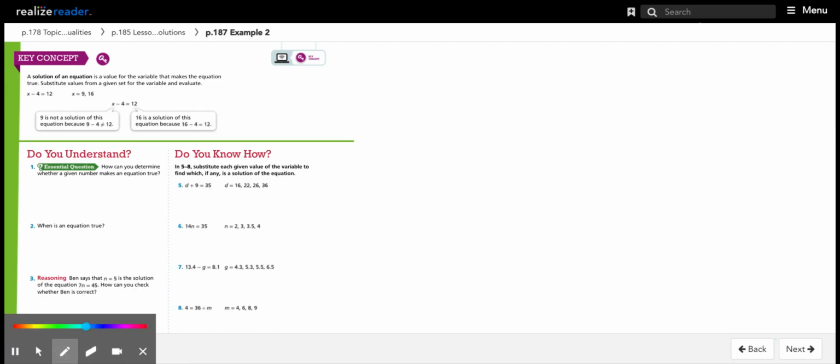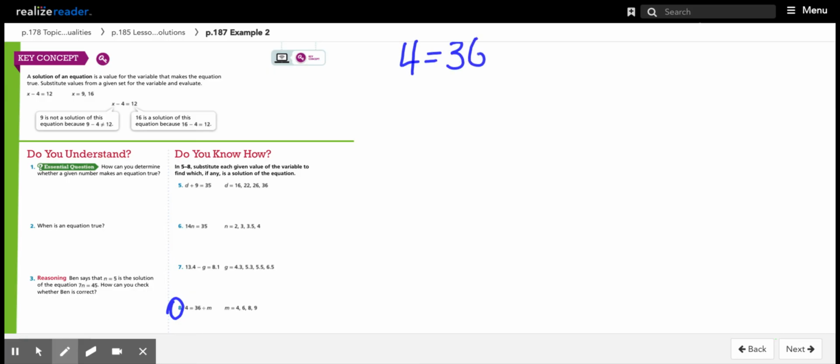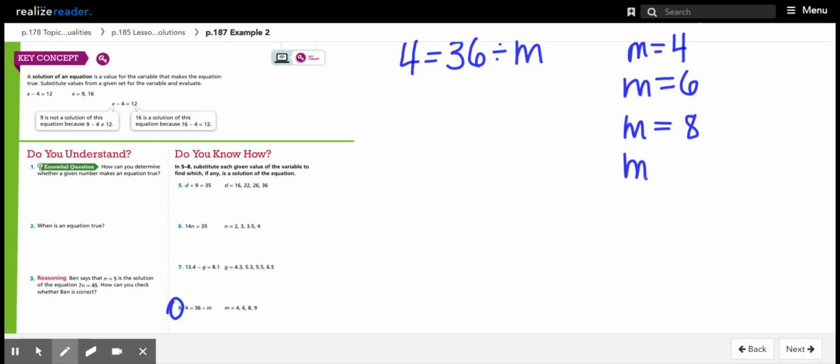So if we have 4 is equal to 36 divided by m, and I tell you that m equals 4, m equals 6, m equals 8, and m equals 9. Which of these are a solution to the equation?